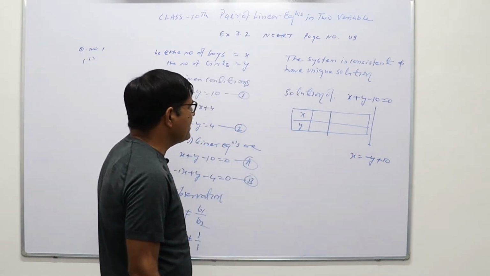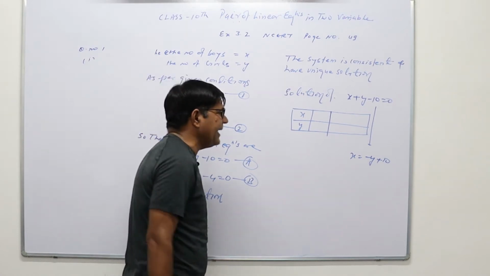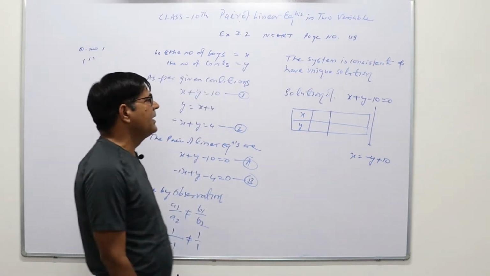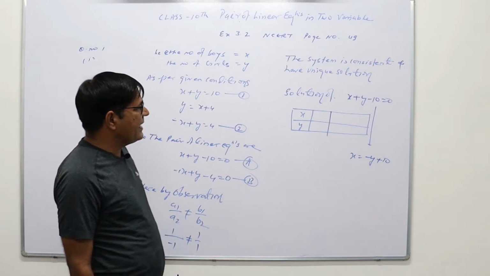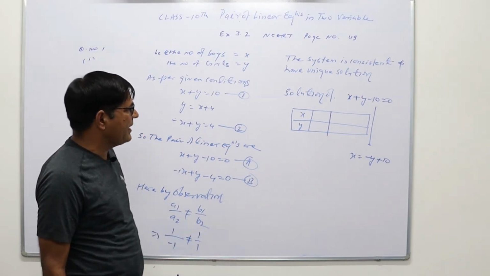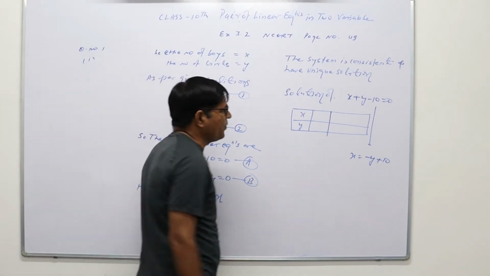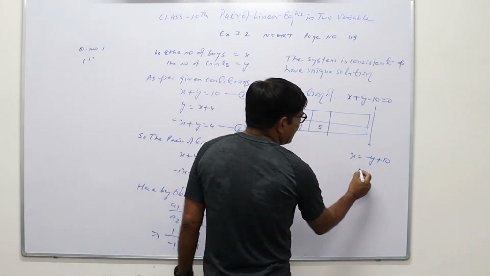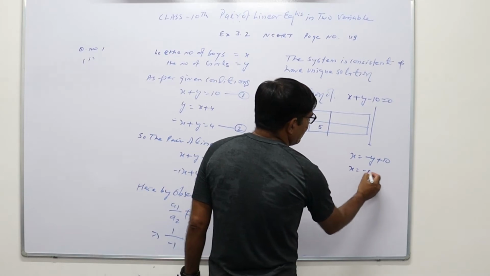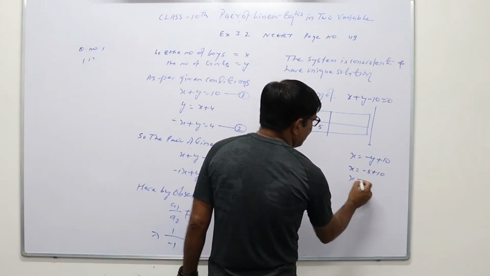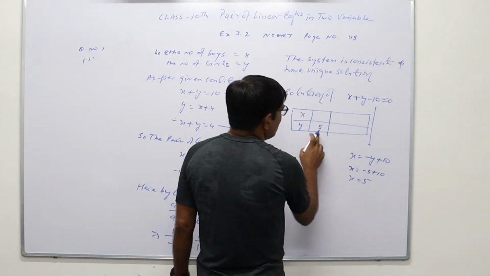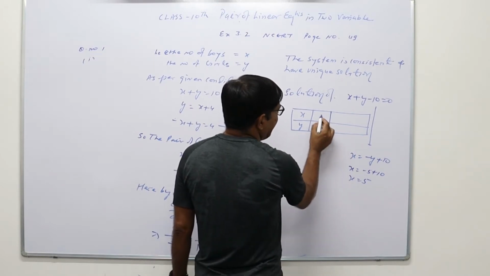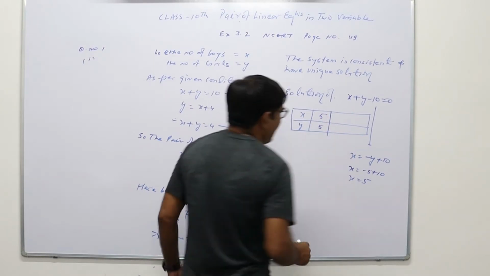So to find the solution set, first we will take such points for x and y so that we can easily plot them on the graph paper. So let us suppose y is equal to 5. If we put y is equal to 5, then x will be equal to minus 5 plus 10. So x will be equal to 5.